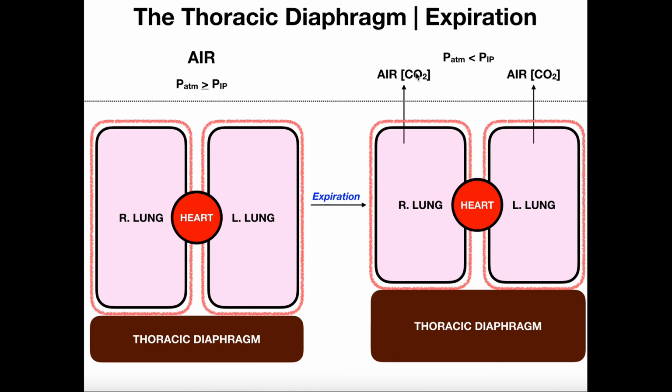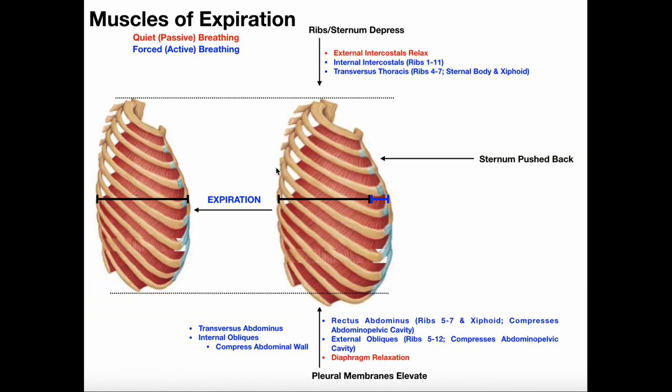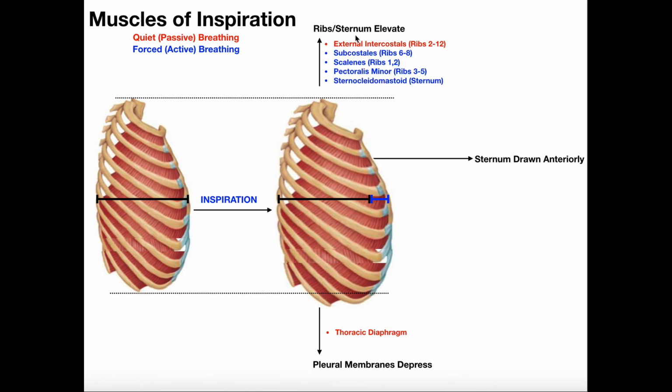Now with expiration, again, we're going to look at quiet breathing here. And what we're going to see is really just the mechanism of quiet expiration is pretty boring, actually. It's really just the relaxation of the two muscles we just talked about for quiet inspiration. So for quiet inspiration, it was really just contraction of the diaphragm and the external intercostals.